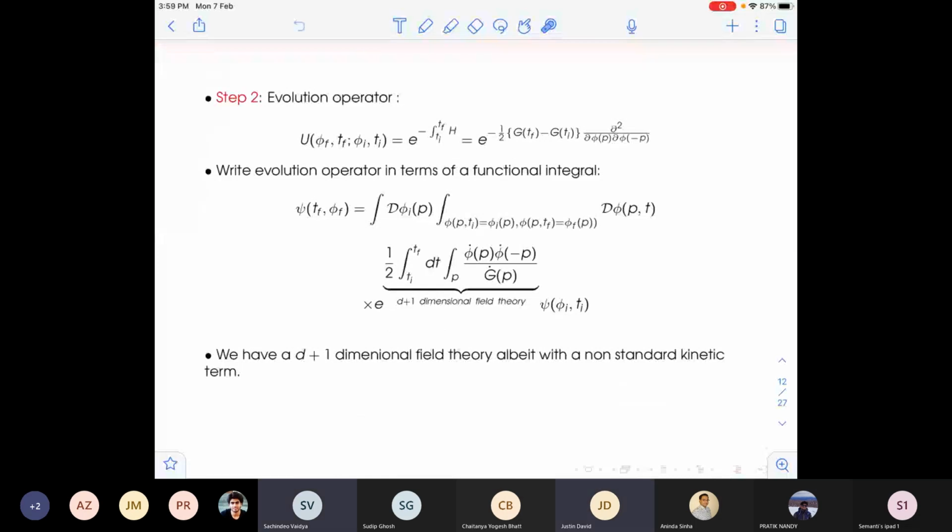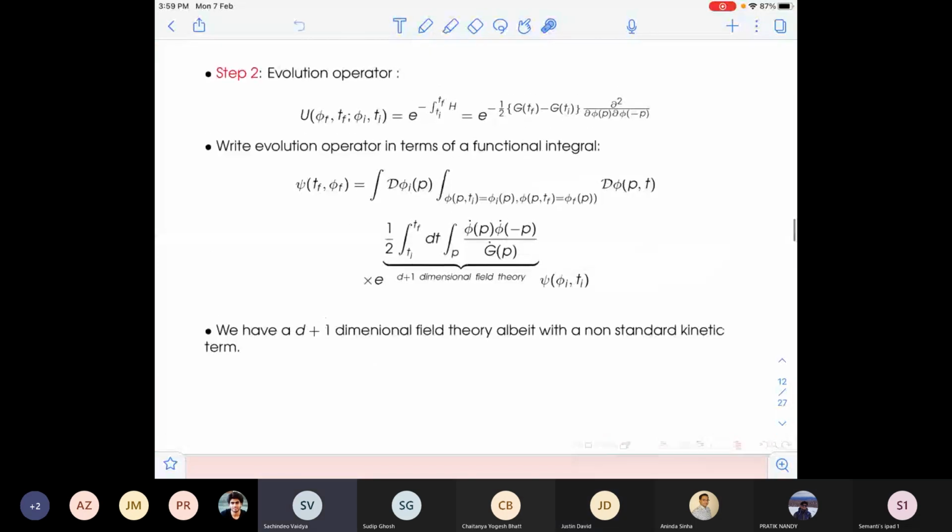Are the dots derivatives with respect to Euclidean time? T here is the scale. T is the RG scale. Oh, so then your first equation is quite sophisticated.